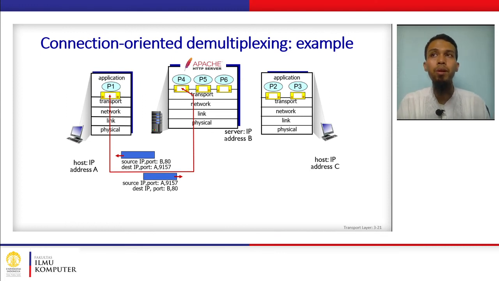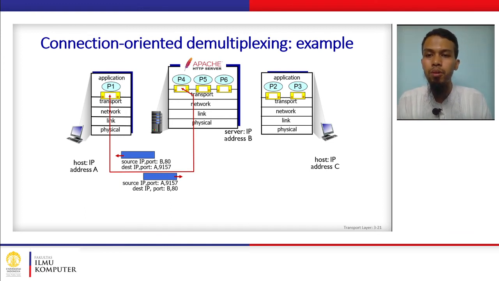For example, we open 2 tabs of the web browser to communicate with the same website. First we check one page, and then we use a different tab to check the other page, right? So these are considered as 2 different processes.